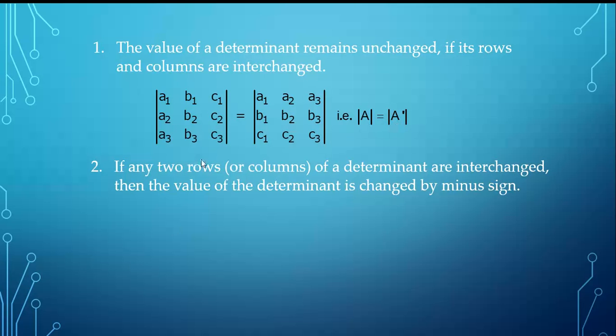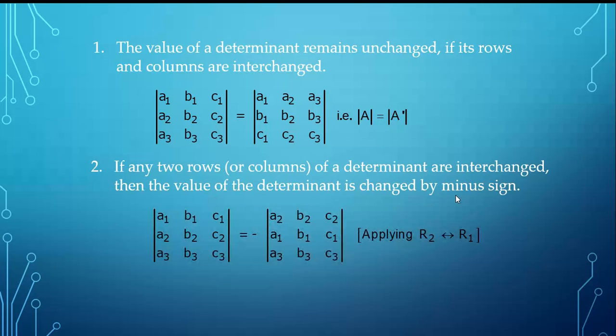Second, if any two rows or columns of a determinant are interchanged, then the value of the determinant is changed by a minus sign. Suppose we have the determinant with elements a1, b1, c1, a2, b2, c2, a3, b3, c3.